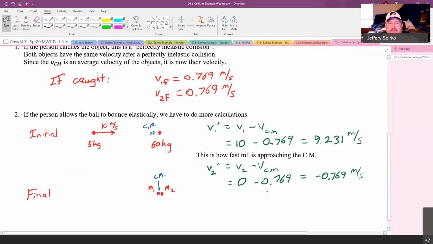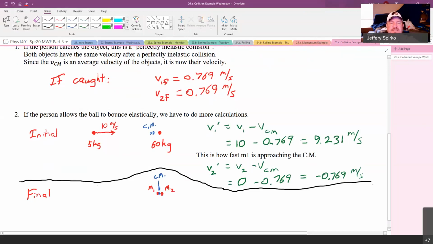So saying that V2 prime is negative before the collision is basically saying that the 60 kilogram mass is, you can think of the blue dot as moving toward the 60 kilogram mass, or you can think of the 60 kilogram mass as moving backwards toward the blue dot.